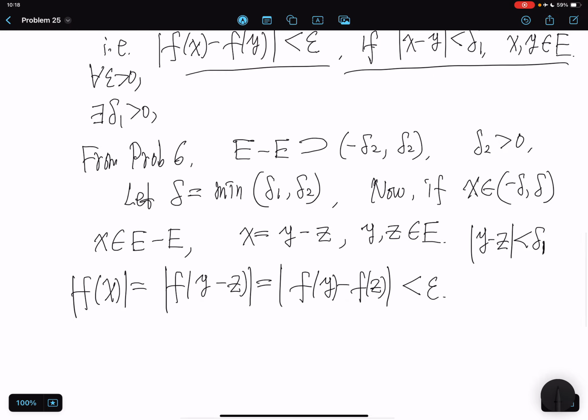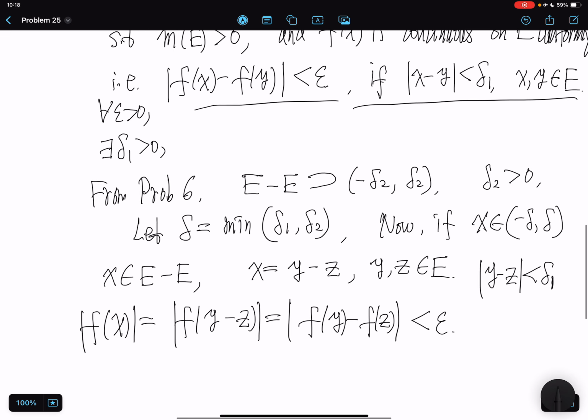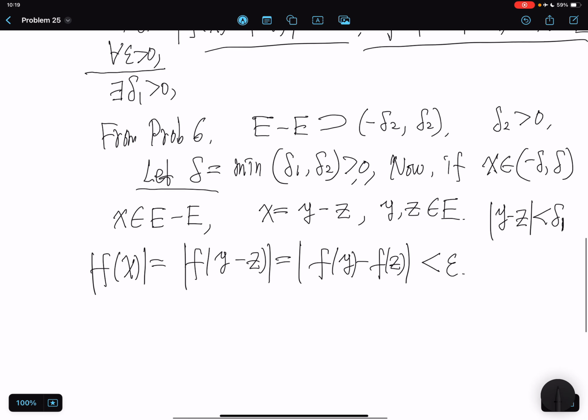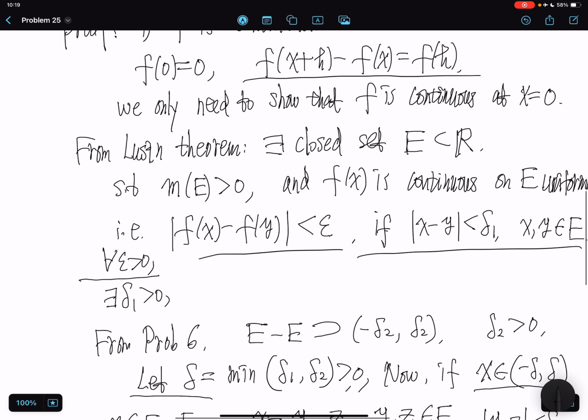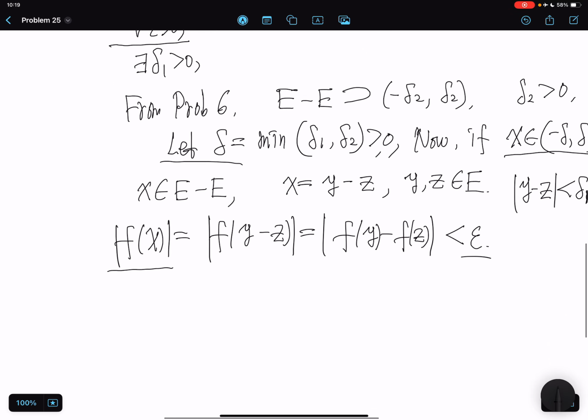So what do we have? If we go back, for any epsilon greater than 0, we can find a delta greater than 0 such that when x is in the interval from minus delta to delta, the absolute value of f of x is less than epsilon. And we know f of 0 is 0.